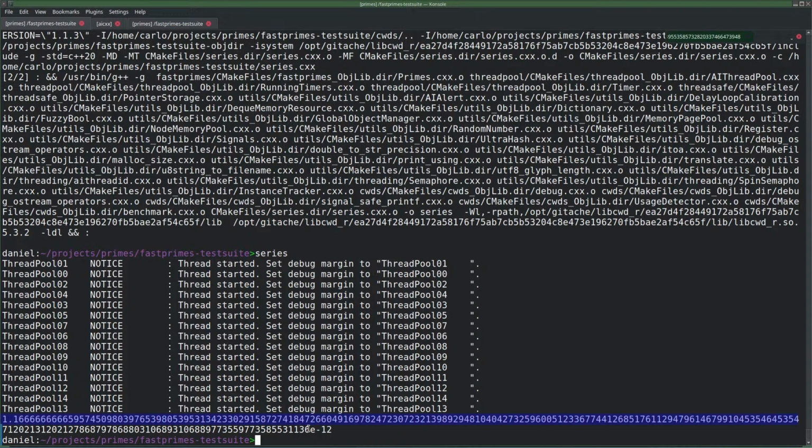Now it's at minus 12, e minus 12 again. And look what a beautiful number. So then we can continue and we get more now. More stuff.